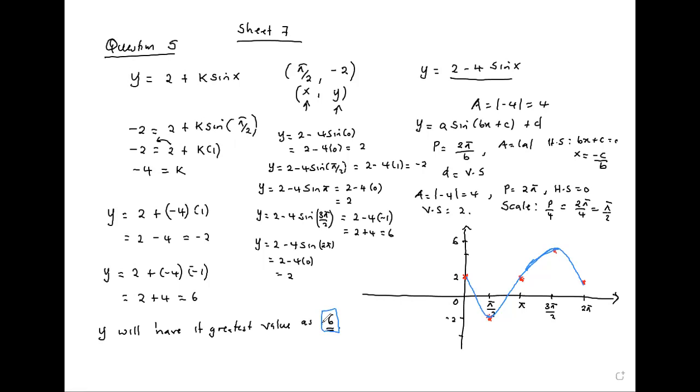Question 6. Question 6, given that 0 is less or equal to x, which is less or equal to pi. Now remember, pi is 180. That's how you convert from radians to degrees. You use pi is equal to 180.